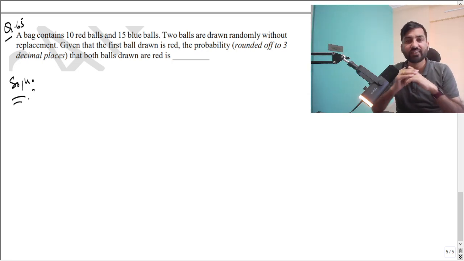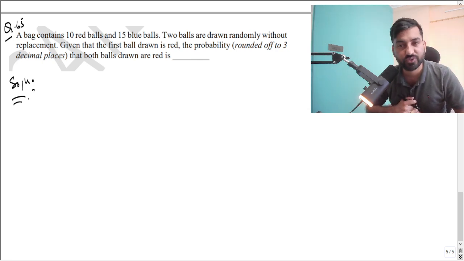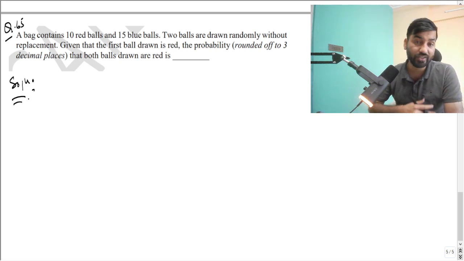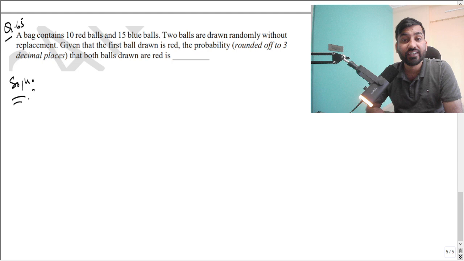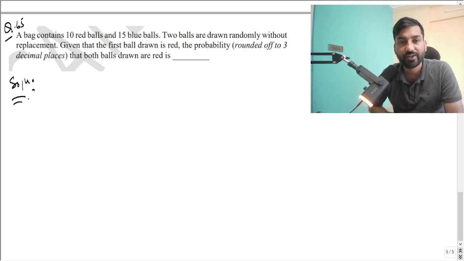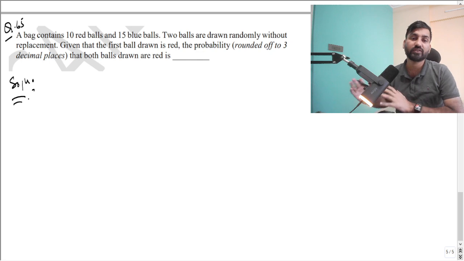They will think that you have to draw two balls one by one, like if you pick up one ball you can have the probability, and for the second ball you can have the probability. But they have already specified here that given that the first ball drawn is red, then what will be the probability that both balls drawn are red?